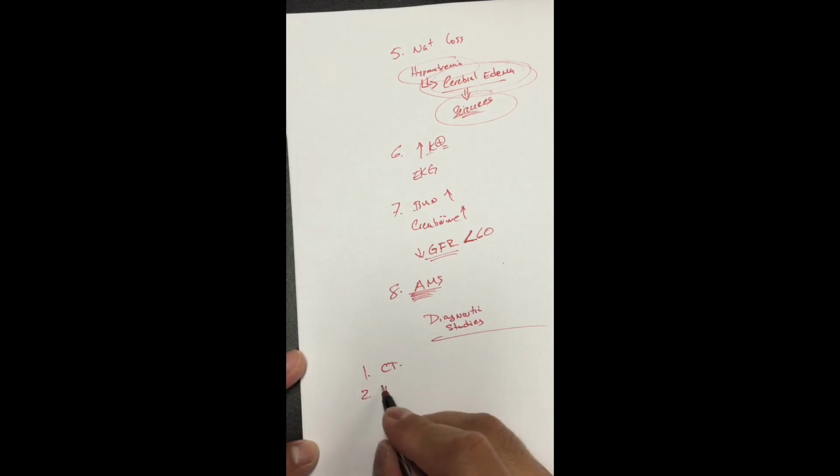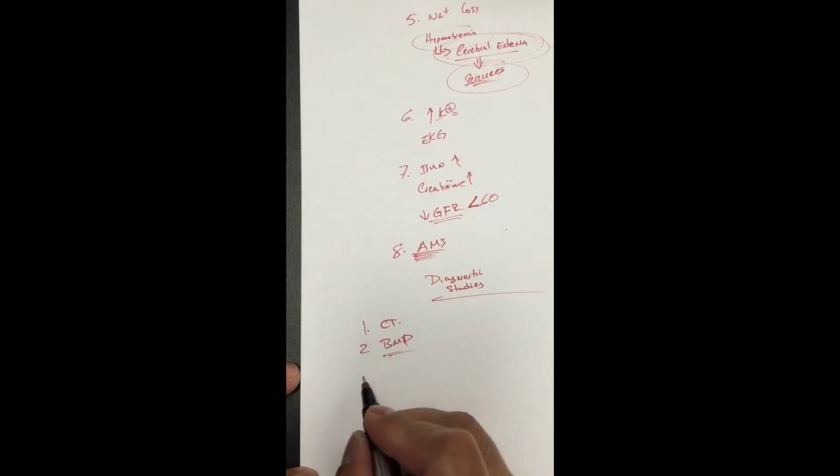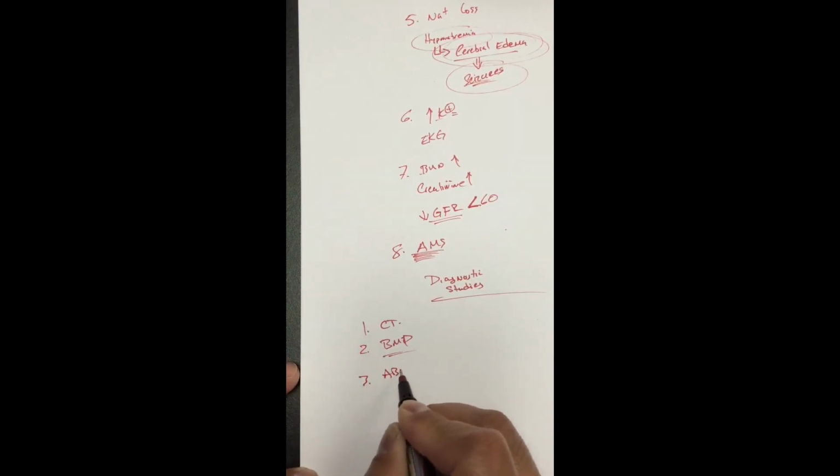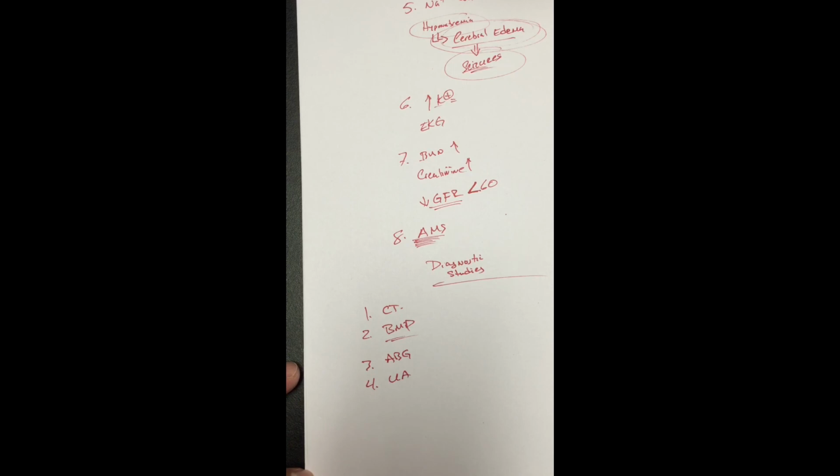Number 2, your BMP, basic metabolic panel. And here you will always monitor your BUN, your creatinine, your GFR, your sodium and potassium levels. You want to make sure that you know what your electrolyte levels are. Number 3, ABG. Number 4, UA.